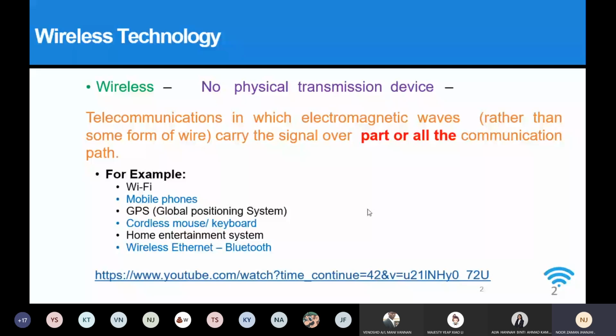We don't use any wire, and we carry the signals over part or all of the communication path. Why do we say part? You remember we discussed already that any wireless network always has a wired network at its back end. The same mechanism applies in telecommunication.